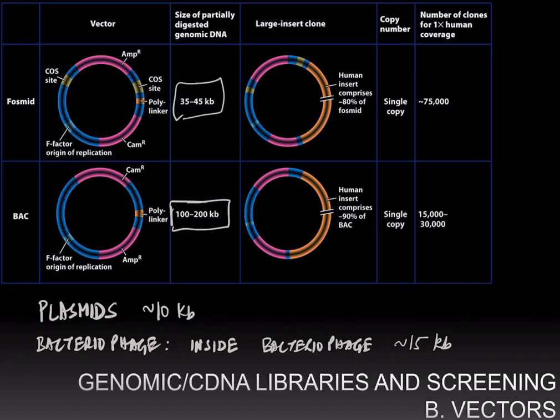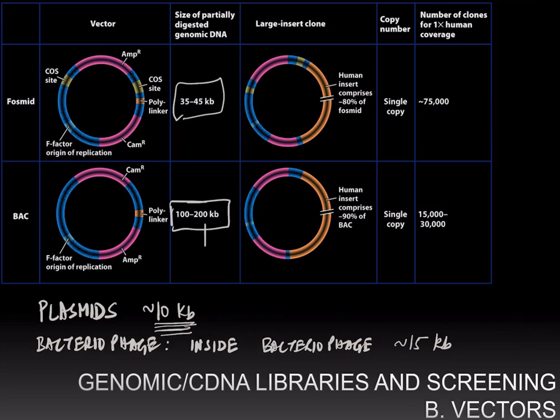And this is important because the human genome, for example, is 3 billion base pairs long. And if you were fragmenting the human genome and cloning each fragment into plasmids, you would need a very, very large number of plasmids. So your library would have to have a very large number of plasmids.